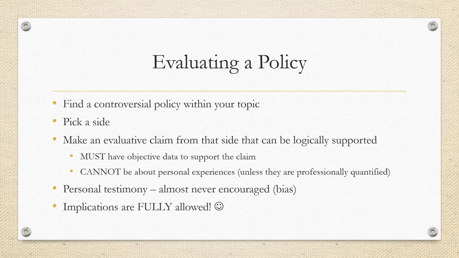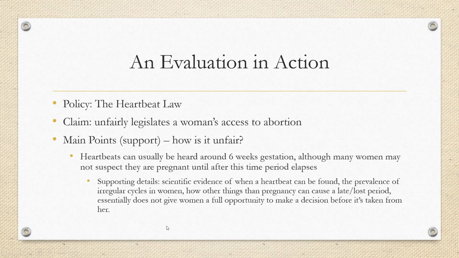You can play with those implications. Now, we don't want to go too far with these and end up with a slippery slope argument, but we can use them in this essay. So for a lot of you who are struggling in previous essays and getting notes from me about these are implications or these are the effects, this is where you can put it in. All right.